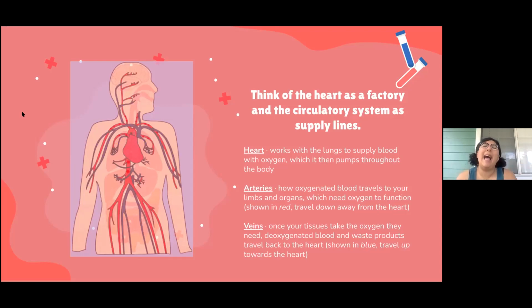While that exchange is happening, they are also pumping deoxygenated blood out the other side along with waste products. The veins, which you see here in a bluish purple, take that blood and those waste products back up to the heart. There, the heart and the lungs filter everything out, re-oxygenate the blood, and pump it back through the system. It's just a continuous loop.